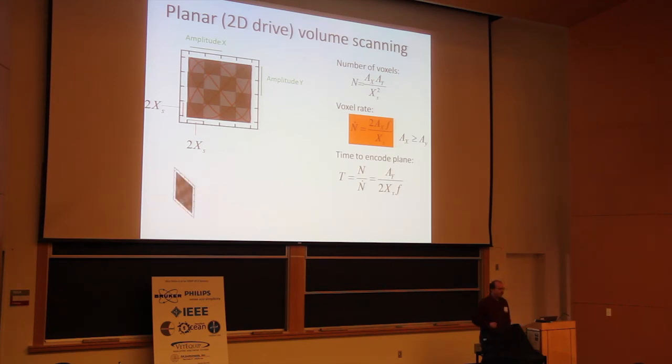So we have one plane encoded, and then we have to go into 3D. So first plane, next plane, and so on. And these planes are again separated by 2xs. This allows us to compute the focus field speed needed for plane-by-plane scanning.